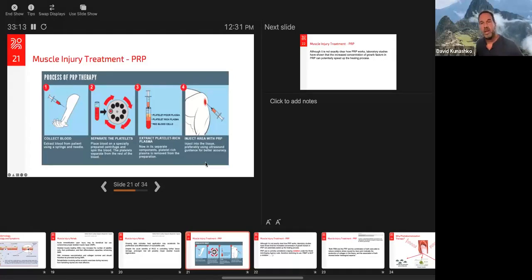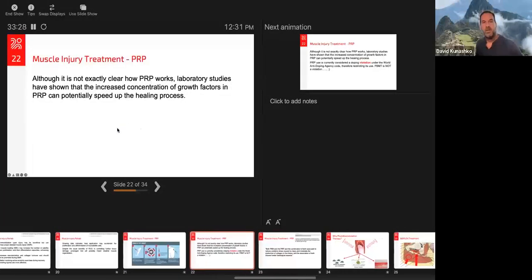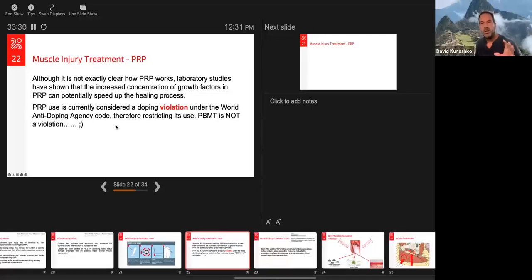This increases growth factors and other chemical mediators that supposedly help with healing. And the research, for the most part, indicates that's the case. It's not quite sure how it works, but we're definitely seeing some good results with that.